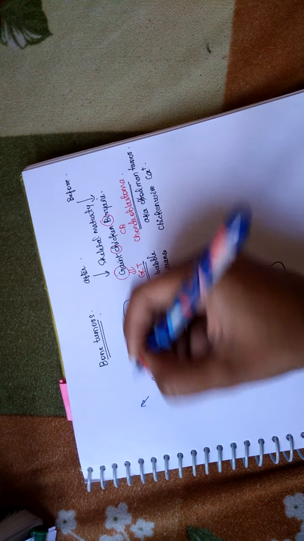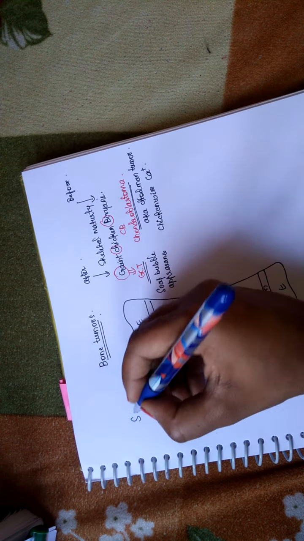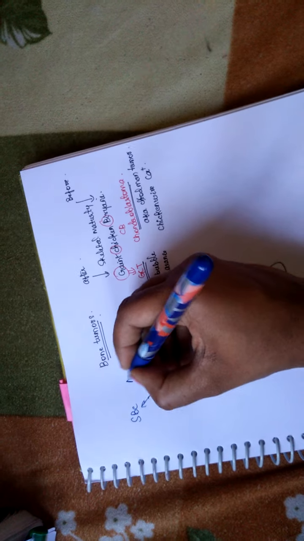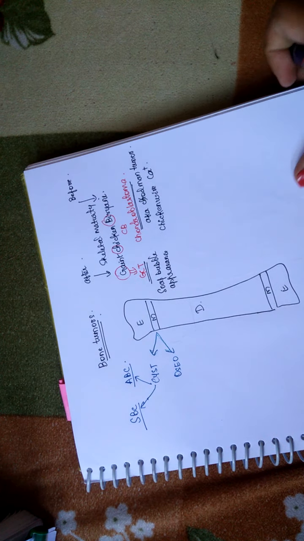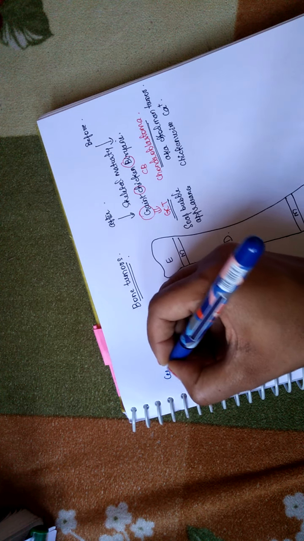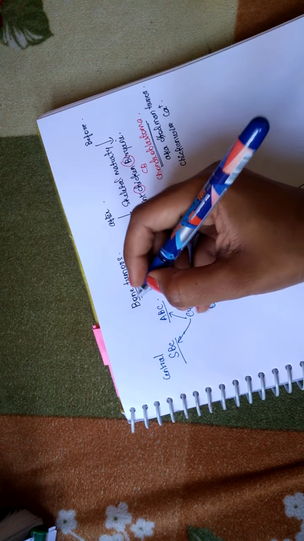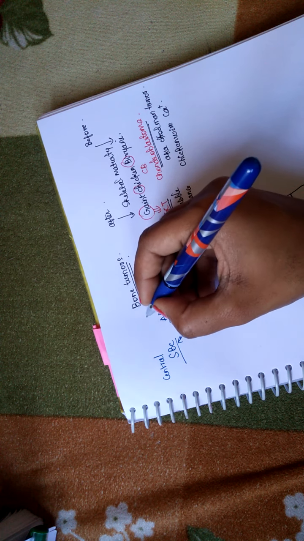There are two types of cyst: solitary bone cyst and aneurysmal bone cyst. From the name solitary bone cyst itself you can tell that solitary means single. It is central, a single cyst, whereas aneurysmal bone cyst will have multiple fluid levels. It is eccentric.